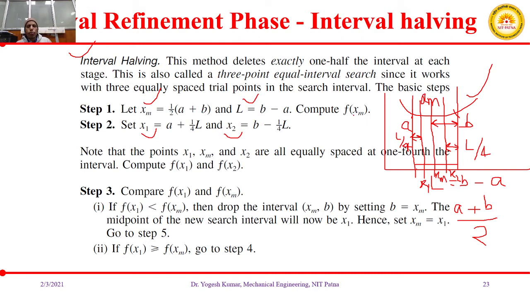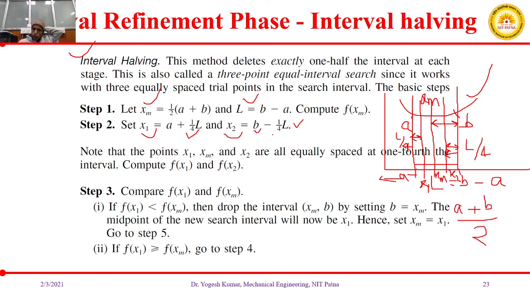The length of the interval may be given as L equal to b minus a, and now we have to identify the other points, x1 and x2. x1 will be a plus L/4, since up to this point this is a. x2 will be b minus L/4, because this point is b, so this is being subtracted by L/4.